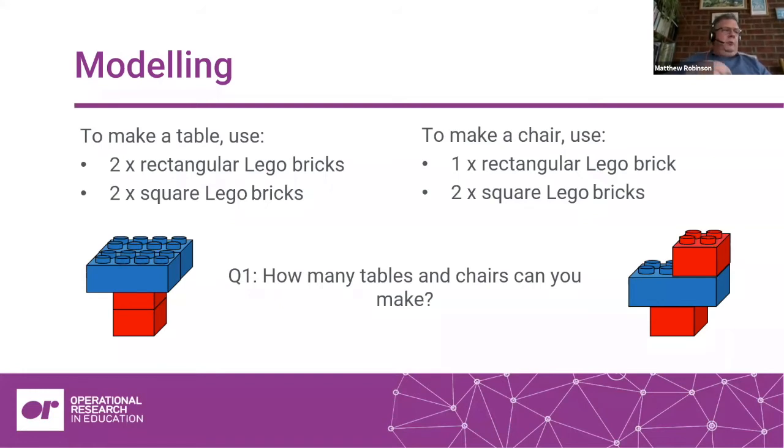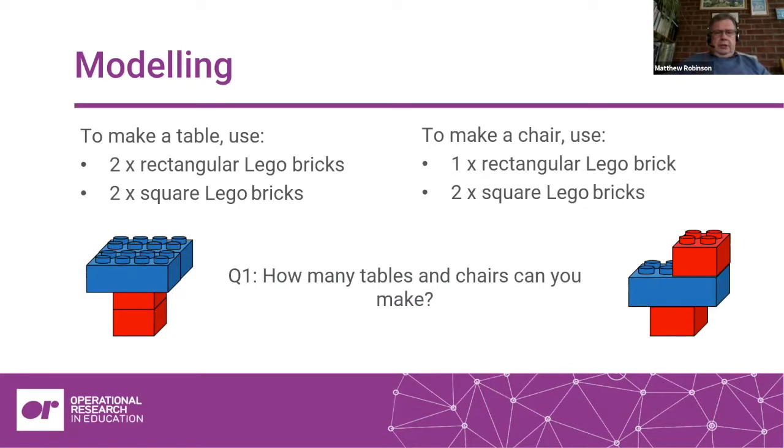So remember, the 4 options are 4 chairs. The second option would be 1 table and 3 chairs. Third option would be 2 tables and 2 chairs. And the fourth option would be 3 tables and no chairs.